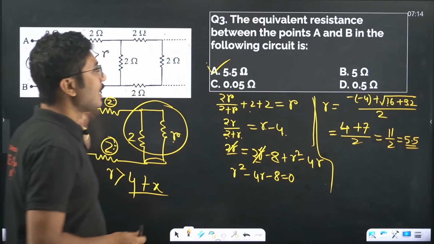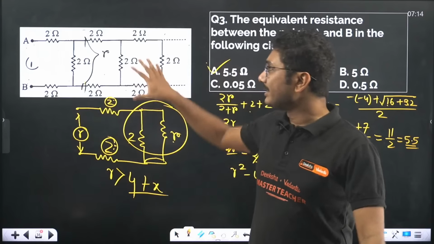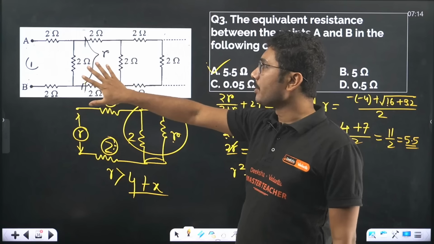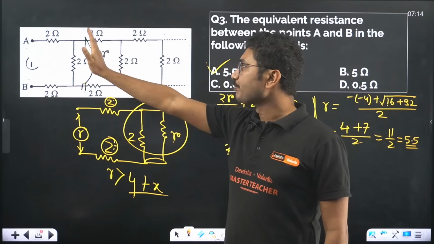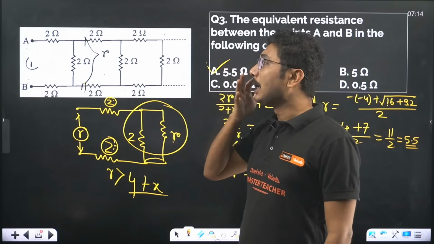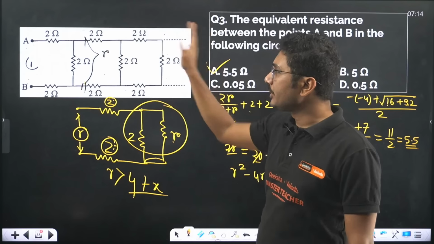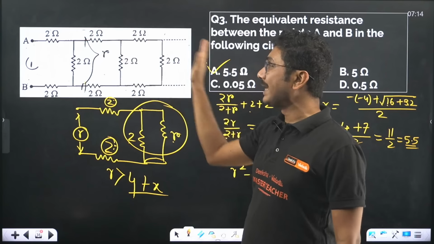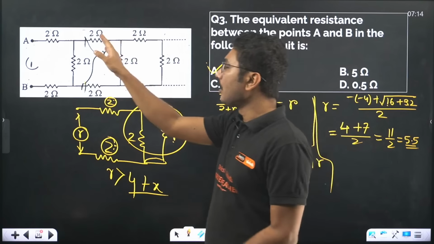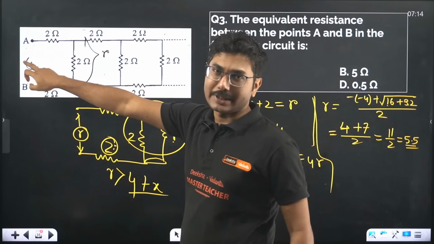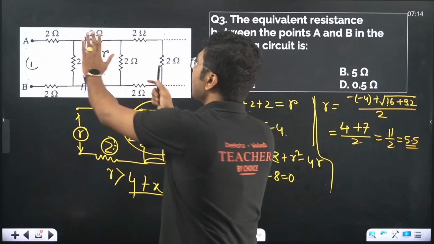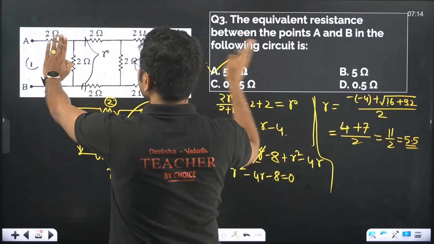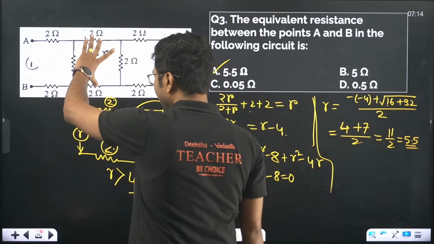Circuit based problem: if you see a circuit based problem like this, here you have to remember to find a point. So this is an infinite circuit based problem. Find a point where, if you disconnect the circuit, it looks exactly the same. If the total resistance of the circuit is R, the portion that you have cut, because it's infinite, will have the same resistance.